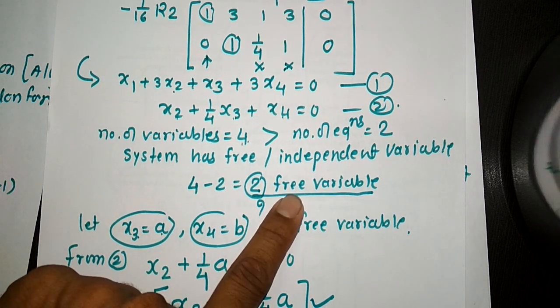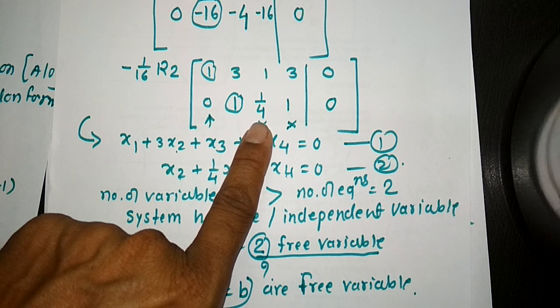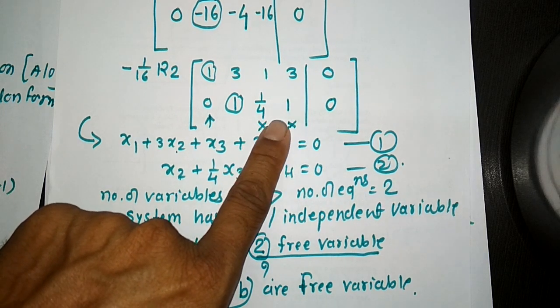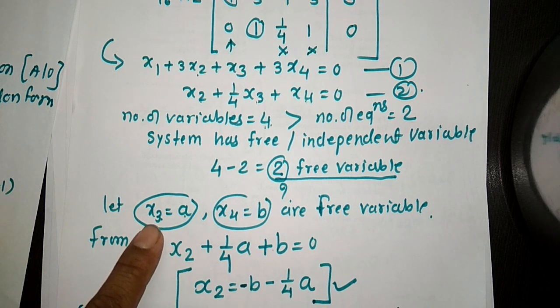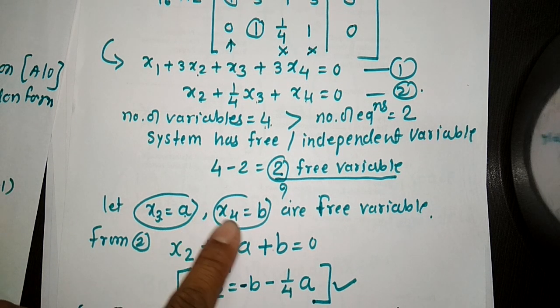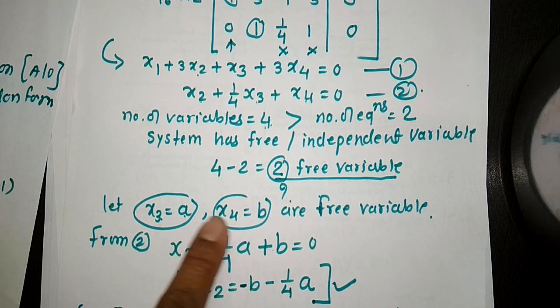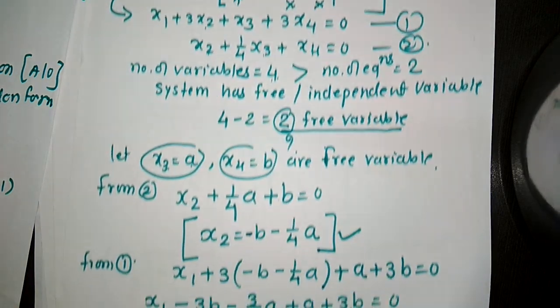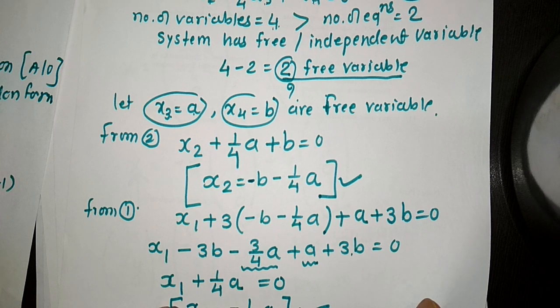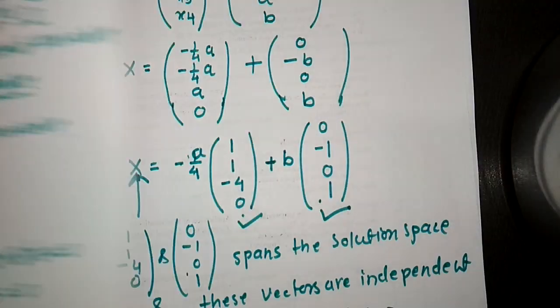If there are two free variables, we choose x3 and x4. Free means they can take any real number, so we assign x3 is A, x4 is B. Then we put these values in equations 1 and 2, so we find the values of x2 and x1. Then we write the solution set.